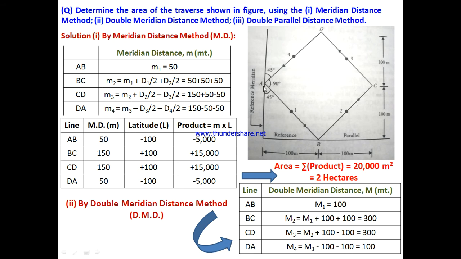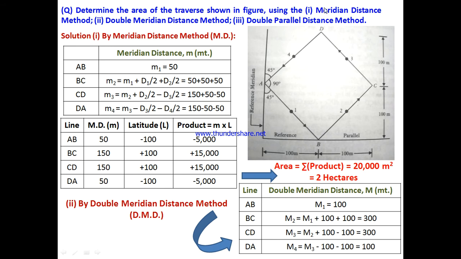In the same manner for line 4, the double meridian distance will be equal to meridian distance of A and meridian distance of point D. For D we will say 100 plus 100, then minus 100. So 200 minus 100 means we are only left with 100, and then we need to deduct this value as we are moving down.